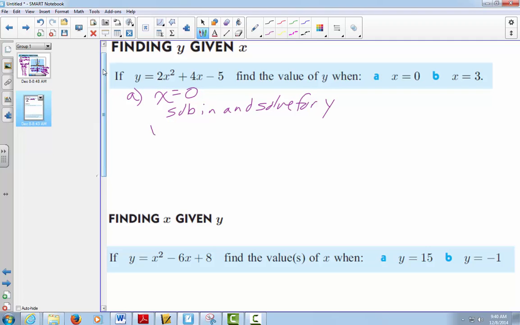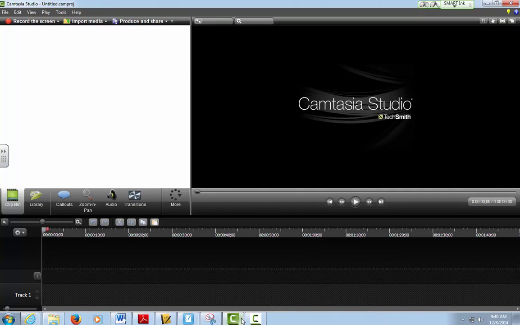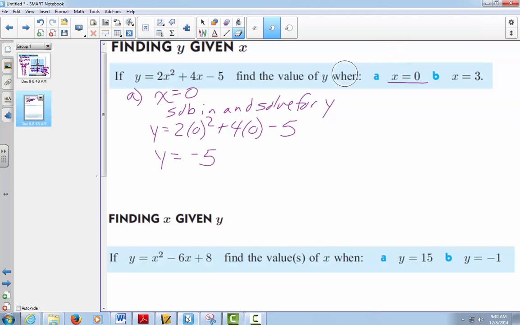This one's pretty straightforward because y equals 2 times 0 squared plus 4 times 0 minus 5. So y equals negative 5. This one's really important that they pick this because when x equals 0, you're crossing the x. Sorry, I got that wrong. You're crossing the y-axis. So it's called the y-intercept.